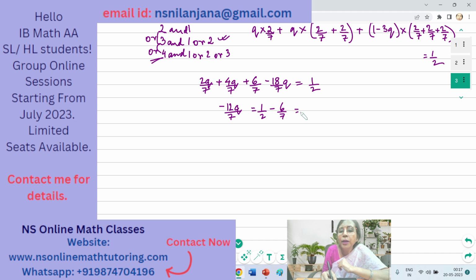So this should be equal to, common denominator is 14. This will be actually 7 over 14. And this is minus 6 over 7, or 12 over 14. So it is minus 12.